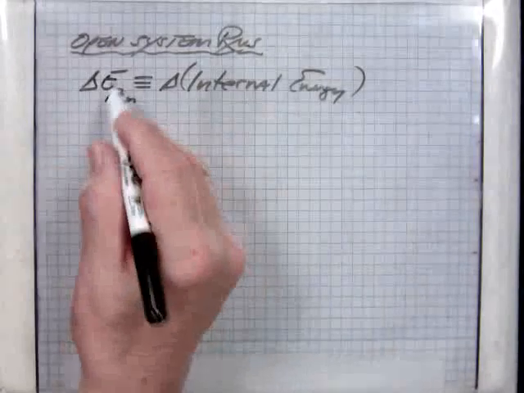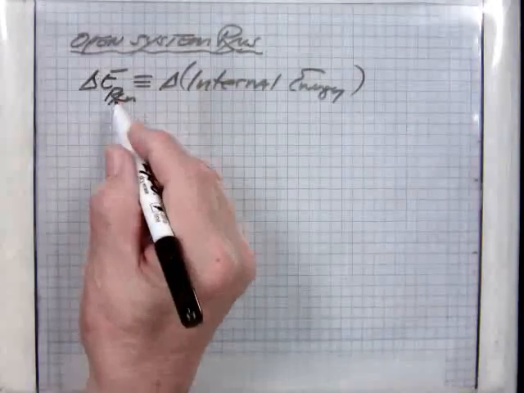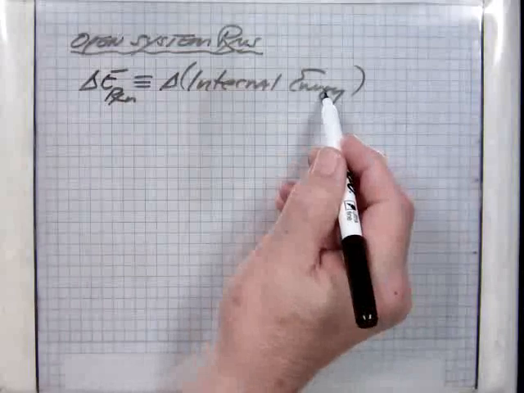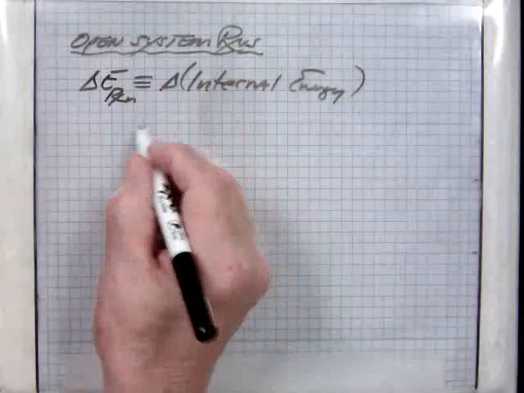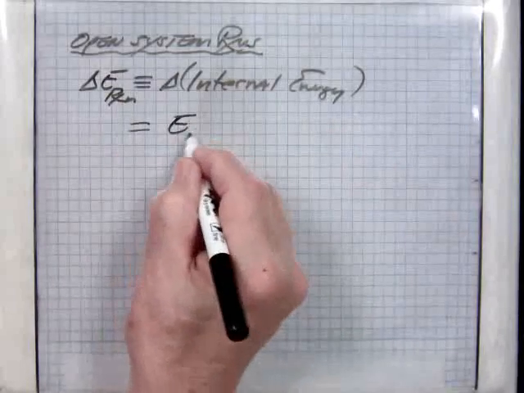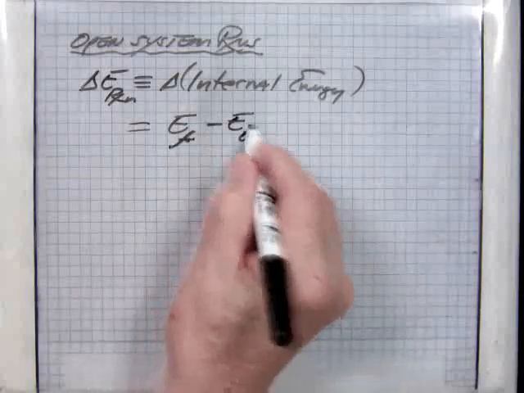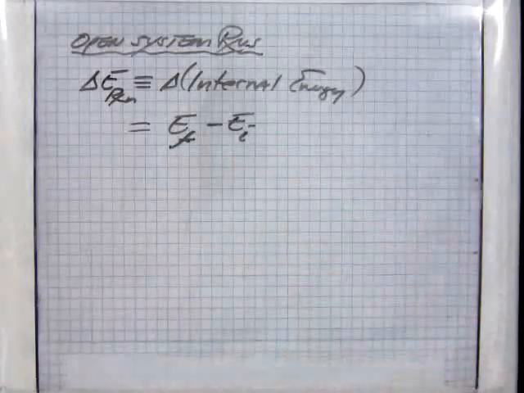So when we talk about the delta E of reaction, as in thermodynamics open systems, we're talking about a change in internal energy, which is energy final minus energy initial. That makes sense, right?